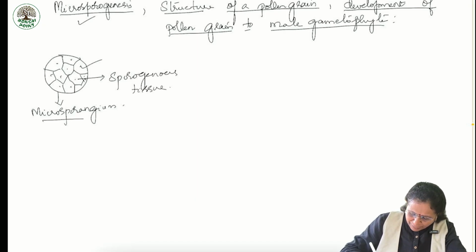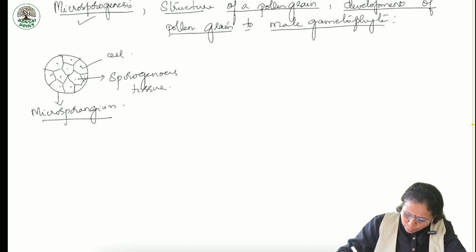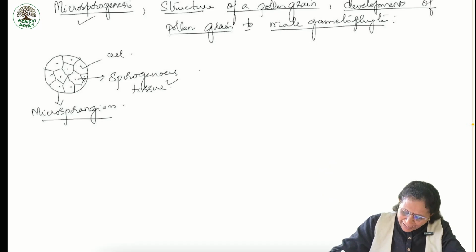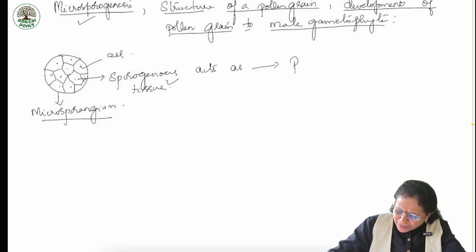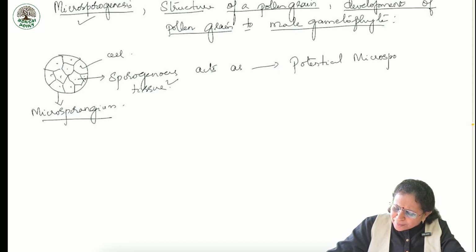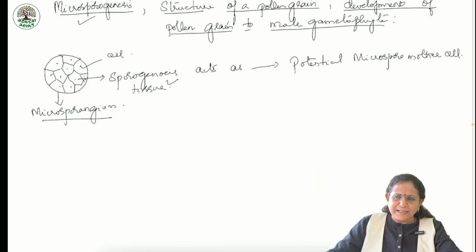In a microsporangium, each cell of the sporogenous tissue acts as what? A potential microspore mother cell. It acts as a microspore mother cell. Thereby what happens to it? Let us see.